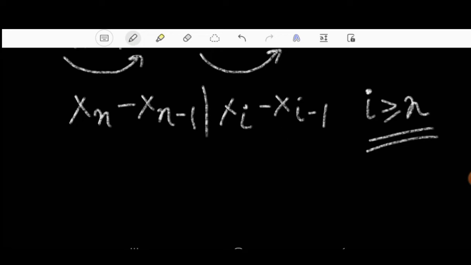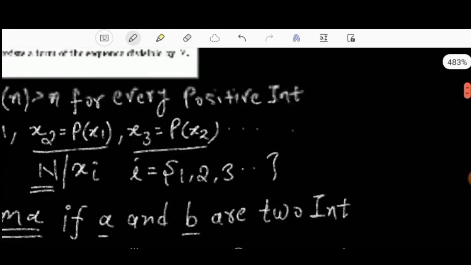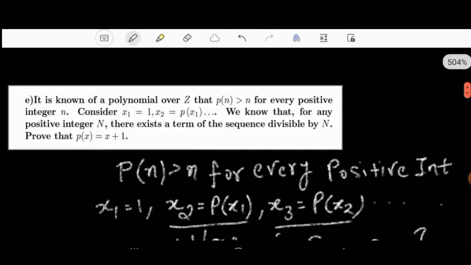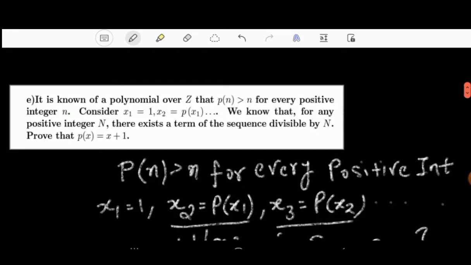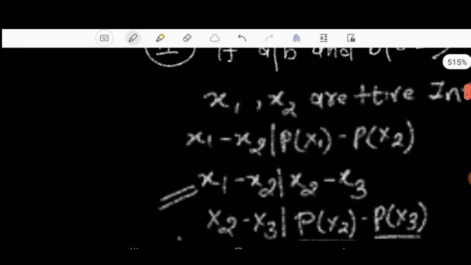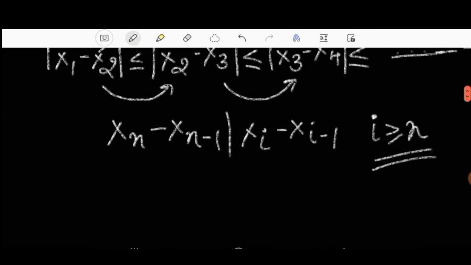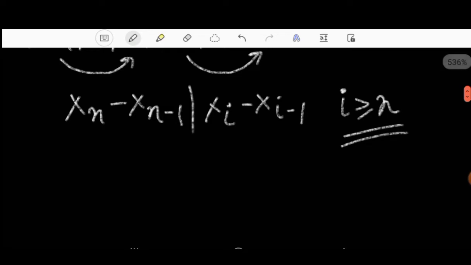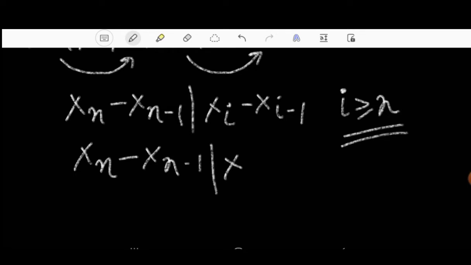Now if we look back to the problem, for any positive integer n, there exists a term of the sequence which is divisible by n. So we're going to use that information, that for n there must be an element, let's say it's xm, which is divisible by this n.